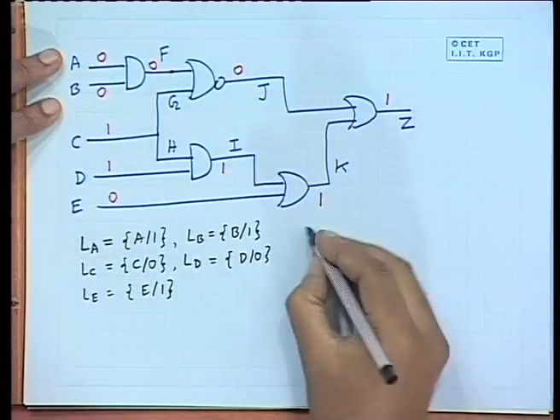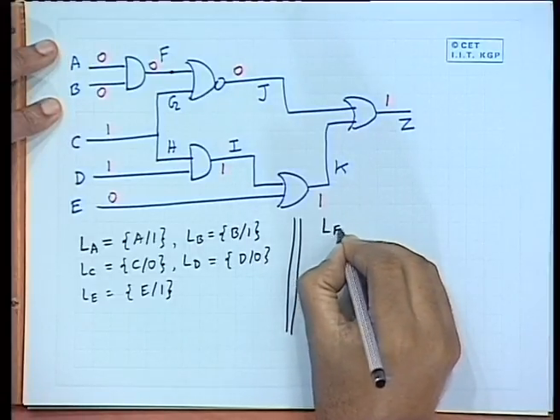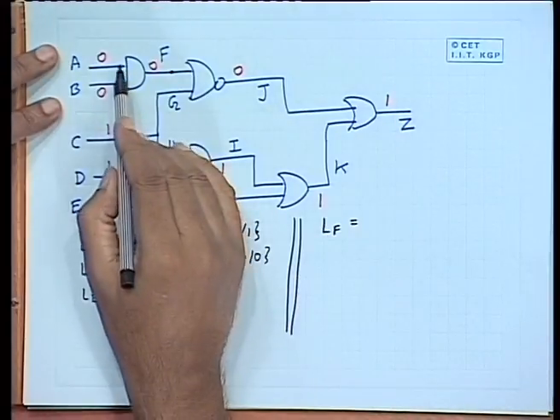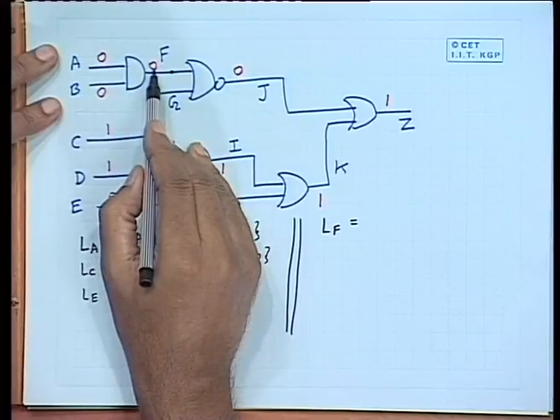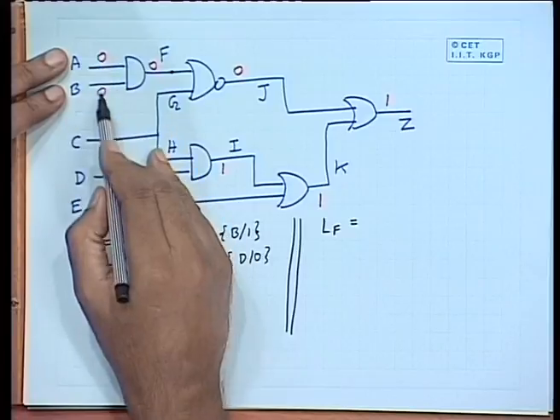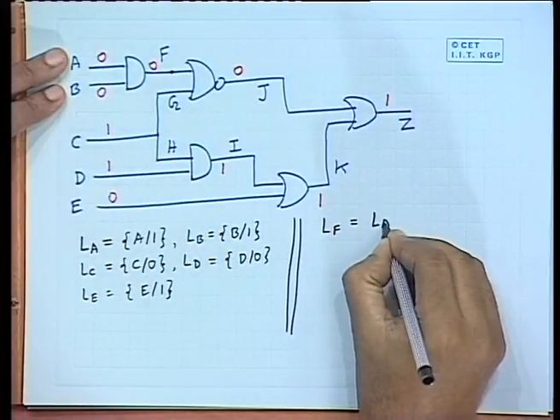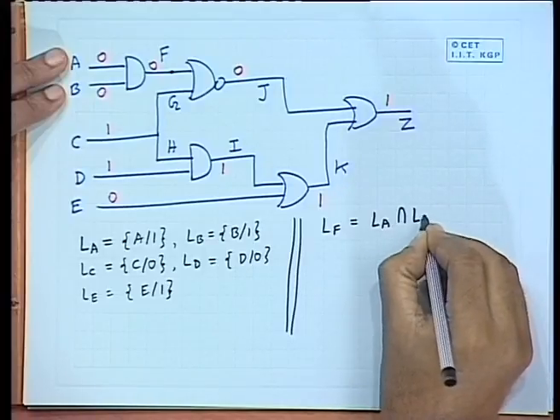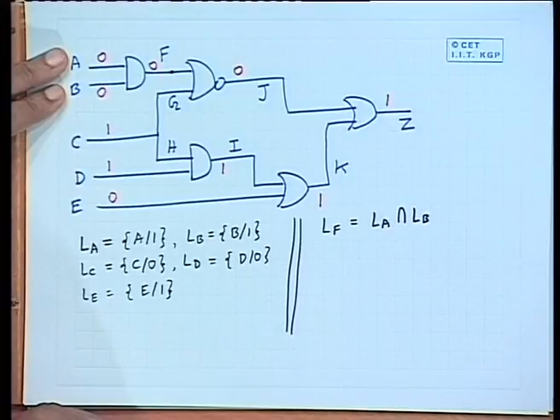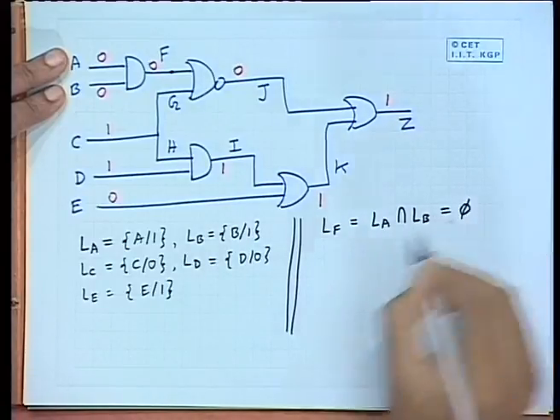Now, from these lists you can systematically go ahead with calculating the fault lists. For example, F, suppose I want to now calculate LF. See, this is an AND gate, output is 0. So, output can be 1 if both of the inputs change state. So, here the condition will be LA intersection LB. Now, LA intersection LB there is nothing. So, this set is phi, empty.